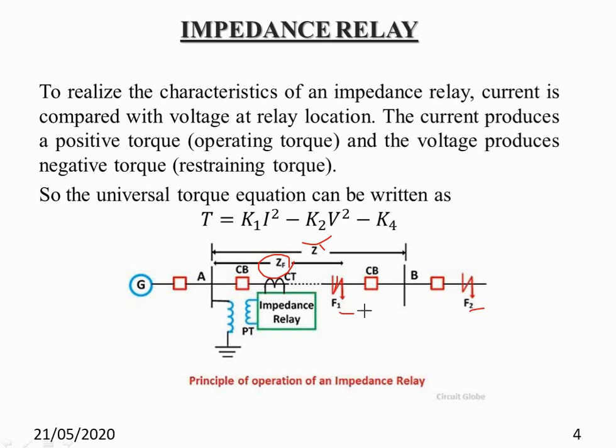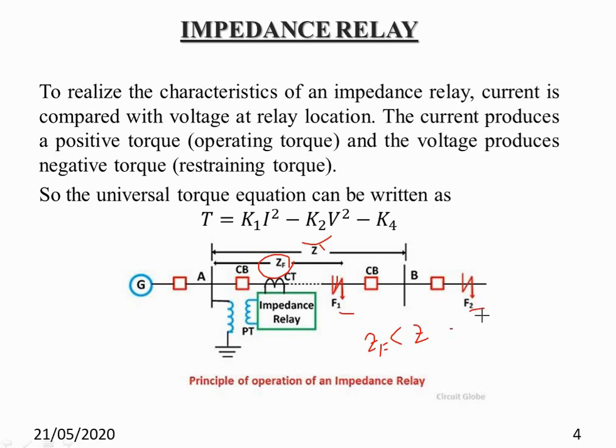Now if this value Z of F is less than Z, we can say the relay will operate. That means it is within the zone of the relay characteristics, the relay operating zone.